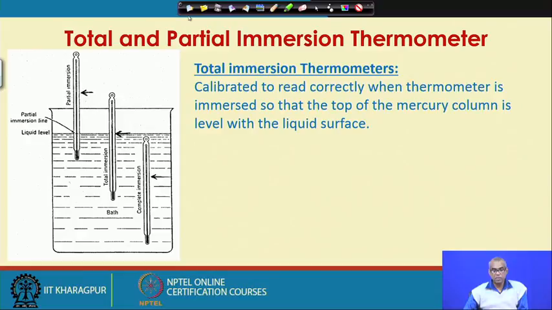So, this is how we must measure the temperature, say, of the liquid in this bath using a total immersion thermometer. Top of the mercury column must be in level with the liquid surface for total immersion thermometers. Otherwise, there will be an immersion error.